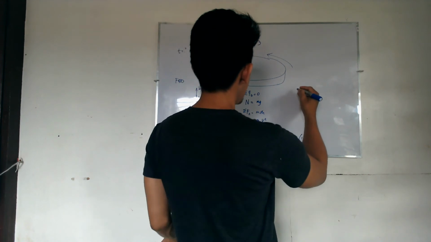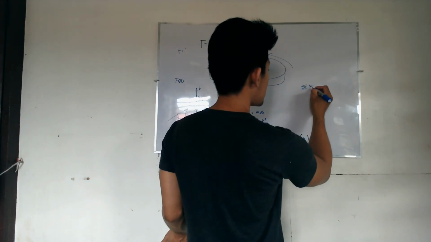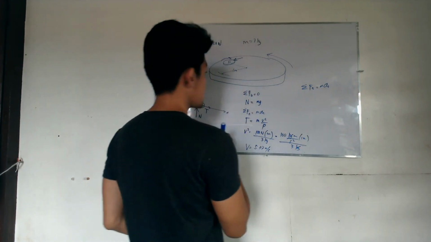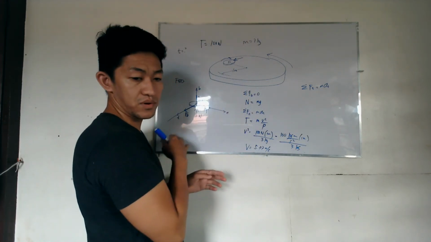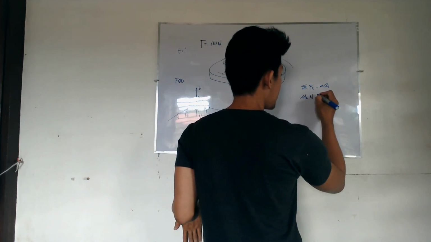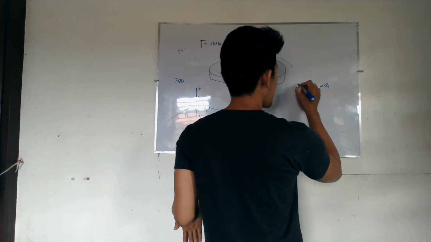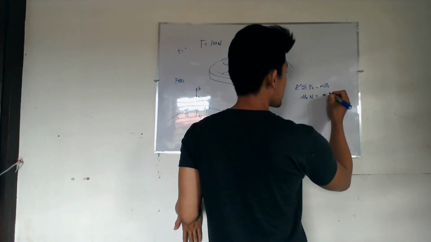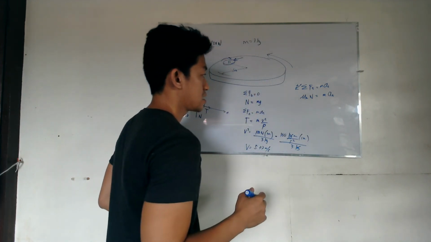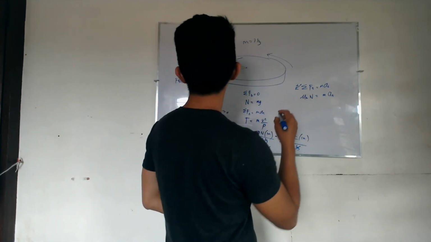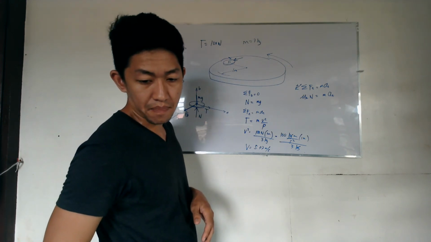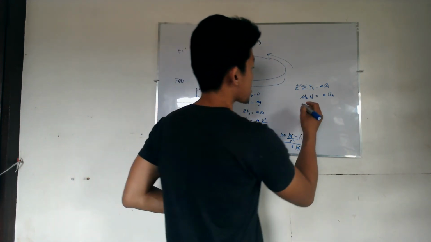Okay, summation of forces along tangential. Along the tangential is the frictional force, so mu k times the normal force equals mass times tangential acceleration. The mu k is 0.1.